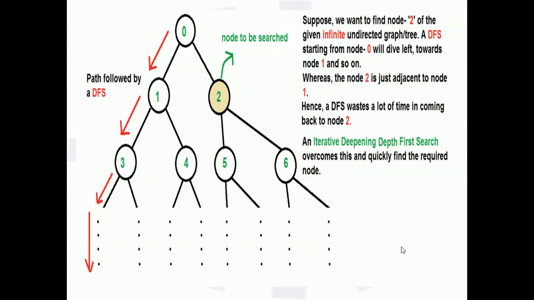The DFS will dive left toward node 1 and so on, whereas node 2 is just adjacent to node 0. Hence DFS wastes a lot of time coming back to node 2, and iterative deepening depth first search overcomes this and quickly finds the required nodes.